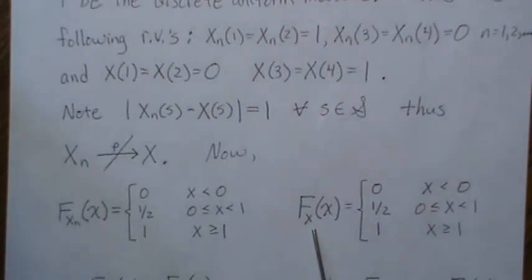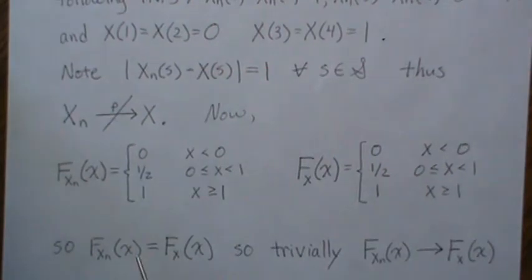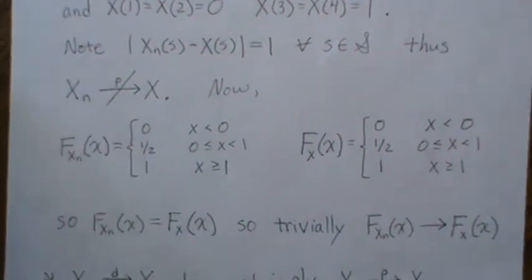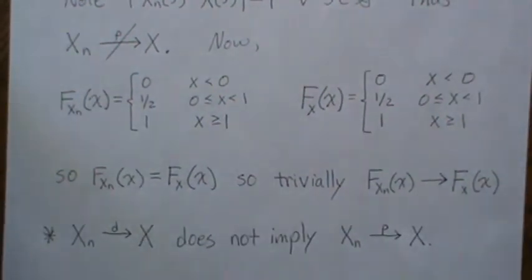The distribution function of X is actually the same thing: 0, 1/2, and 1 under these conditions. So the distribution function of X_n equals the distribution function of X, and trivially it converges because they are equal. So we just showed that convergence in distribution does not imply convergence in probability.